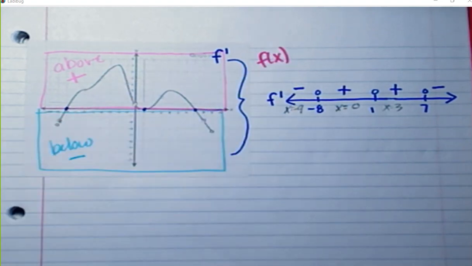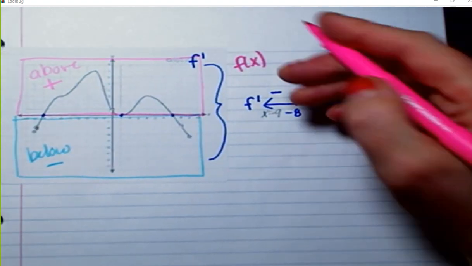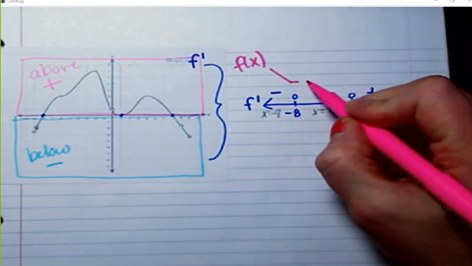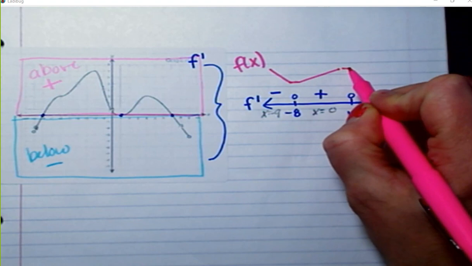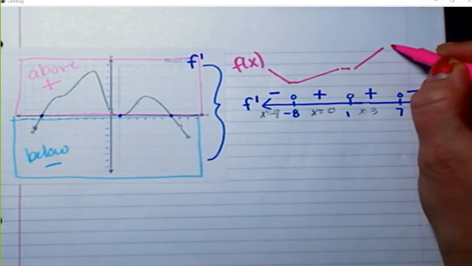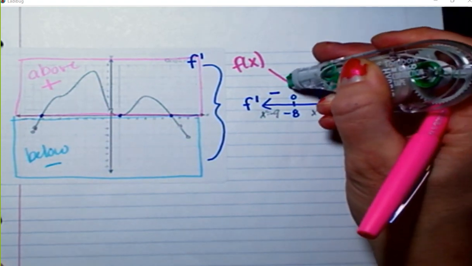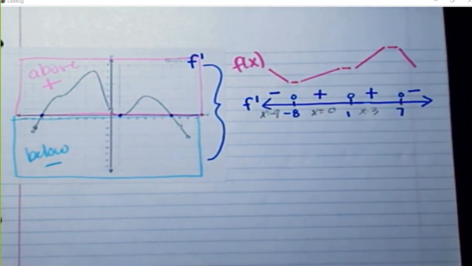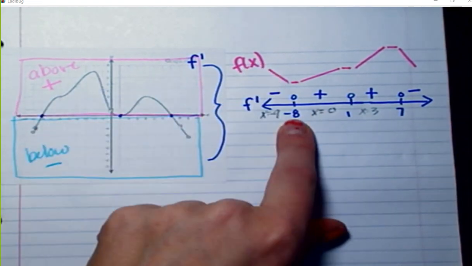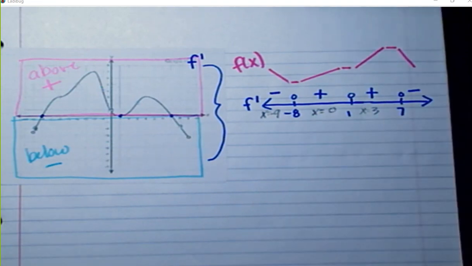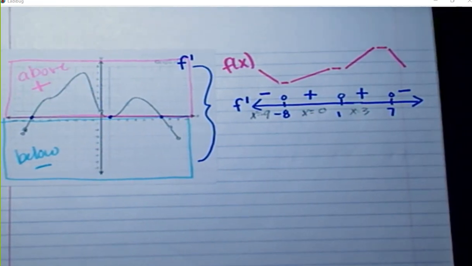I want to draw what f of x looks like. Decreasing, 0 slope, increasing, 0, increasing, 0, decreasing. That's what f of x would look like, just based on the F prime chart.